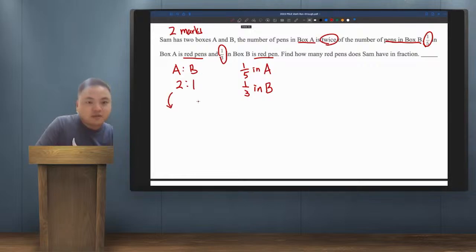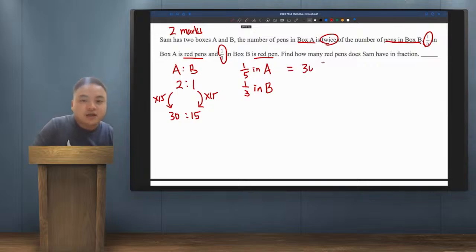I can change both into a multiple of 3, a multiple of 5, and a multiple of 2. So the closest one is 30. So let me just times 15 on both sides. You get 30 to 15. Now we can solve this. 1/5 in A is red pen, so 30 times 1/5 gives 6.